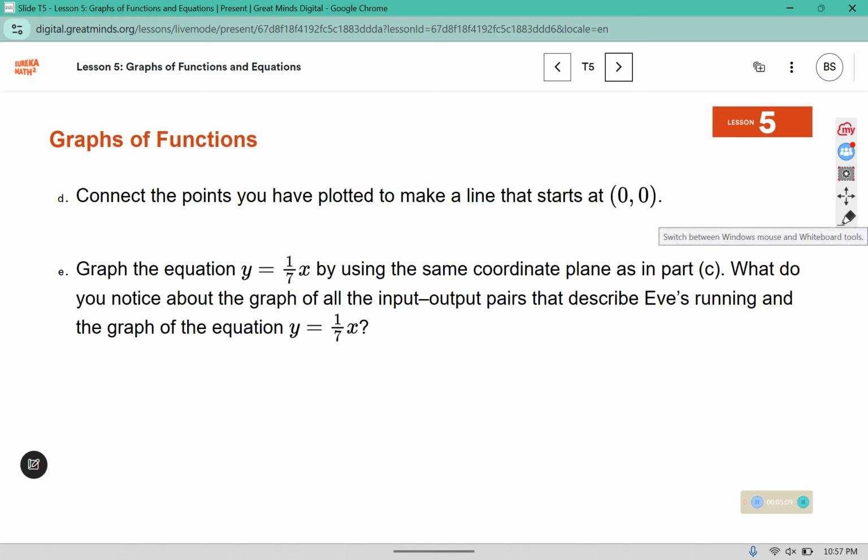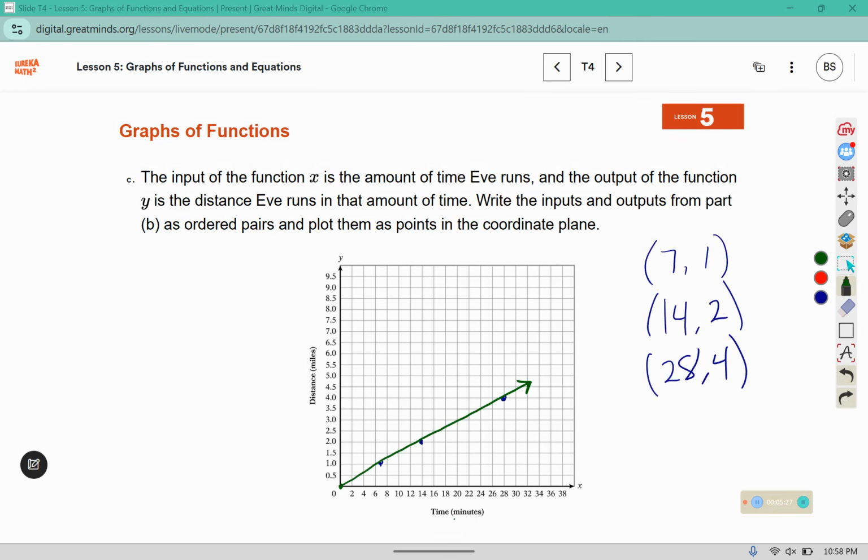E says graph the equation y equals 1/7 x by using the same coordinate plane as in part C. What do you notice about the graph of all the input-output pairs that describes Eve's running and the graph of the equation? So in this, our y-intercept is 0 and our slope is 1/7. So we're starting at 0 and we have a slope of 1/7.